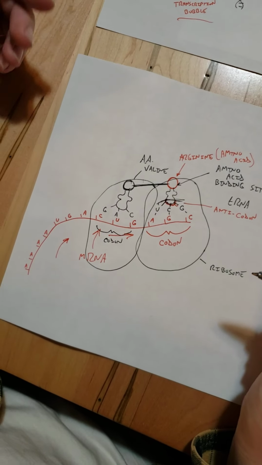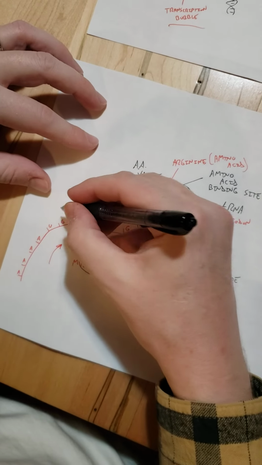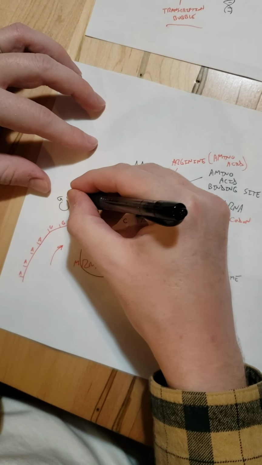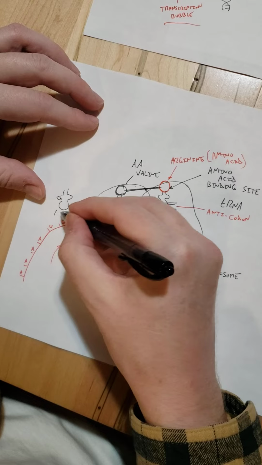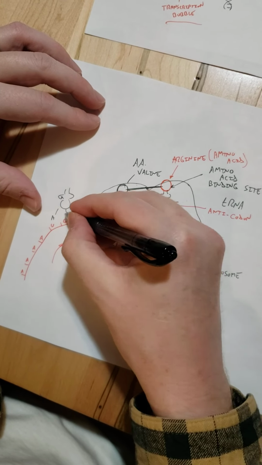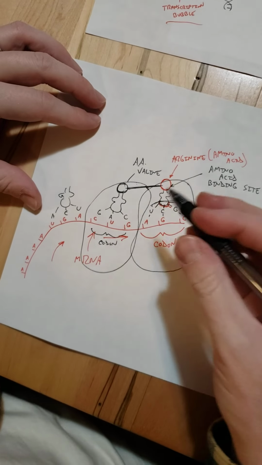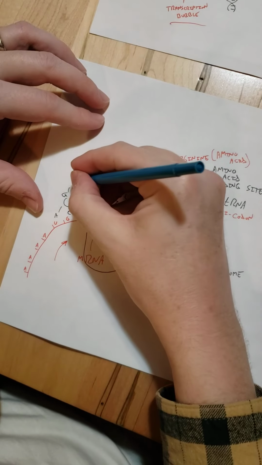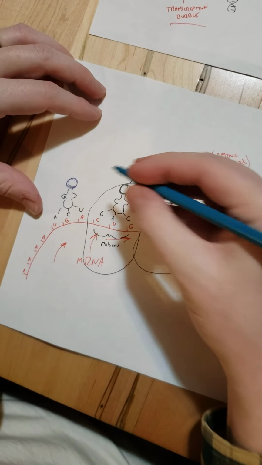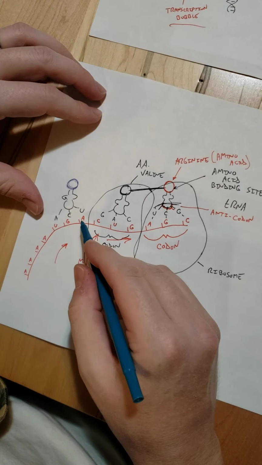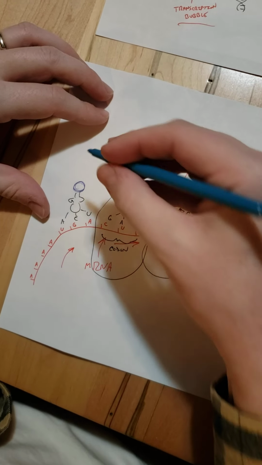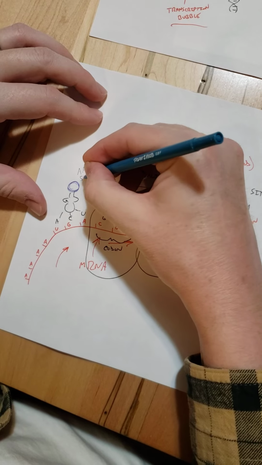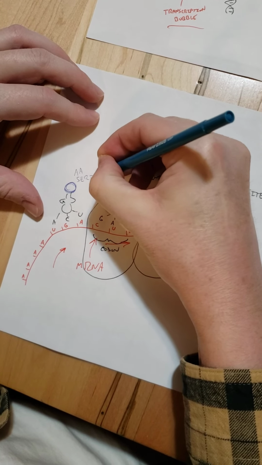And for the sake of me not spending a ton of time doing this, we would then do the next one with a new tRNA, complementary base pairing A, C, U, and I can't get another color, and another amino acid. And so if it's AGU, it would be amino acid serine.